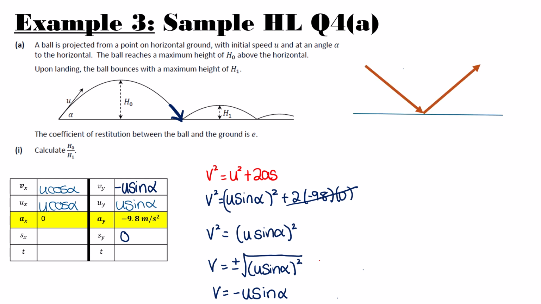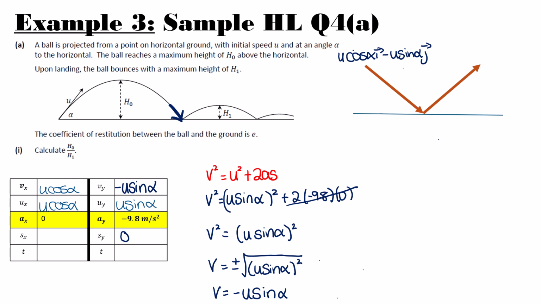So now let's think about the bounce. What we have coming in here is, and I'm going to write it as a vector, u cos alpha i minus u sine alpha j. And then in terms of an impact, only one element is going to change. Now, if you look, our arrow's going down and then back up.